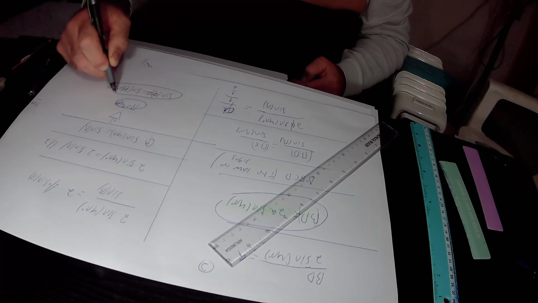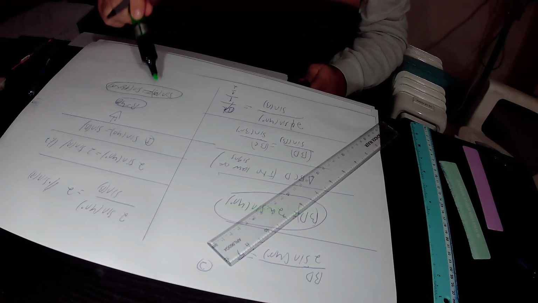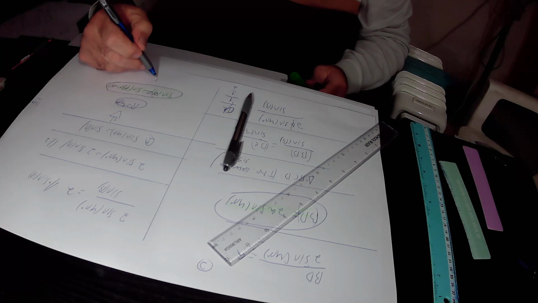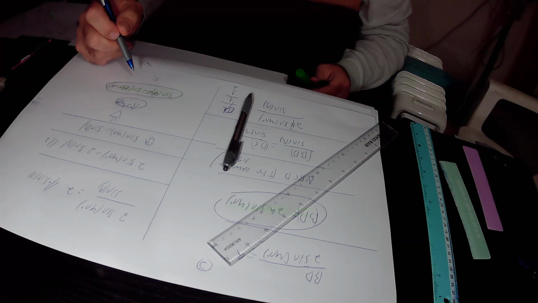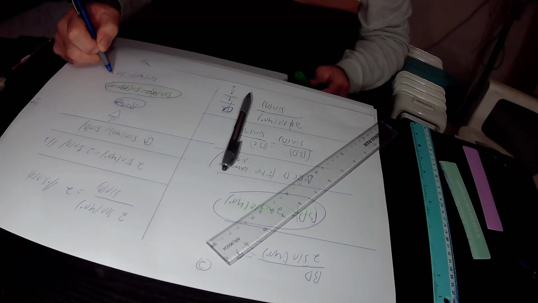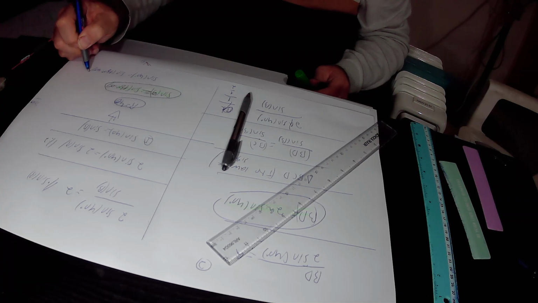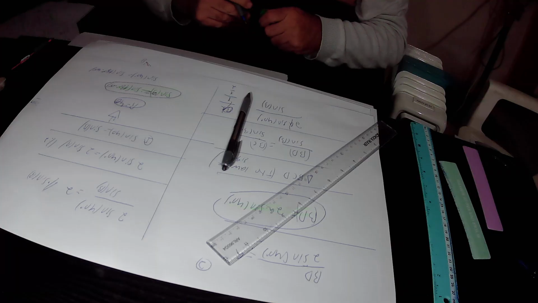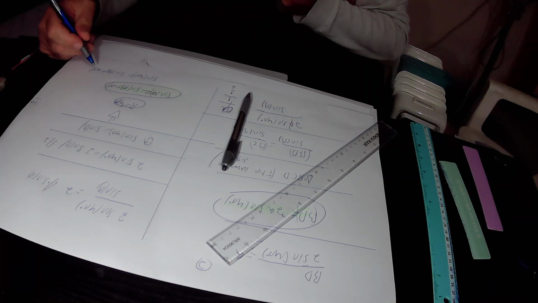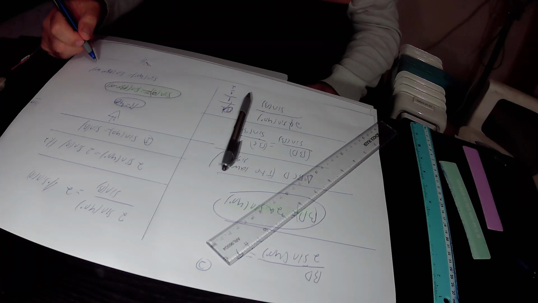So according to this trigonometric identity, we get that sine 40 degrees equals sine of 180 degrees minus 40 degrees. 180 degrees minus 40 degrees is 140 degrees.